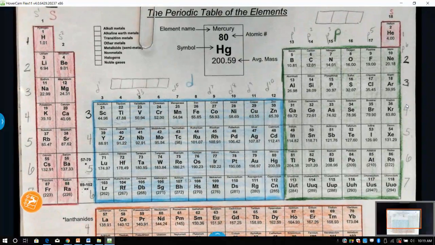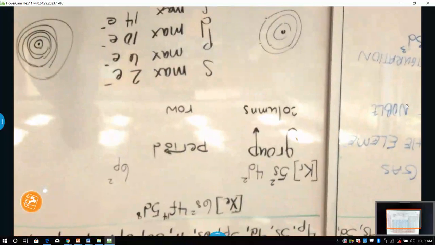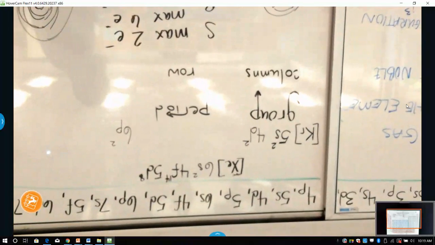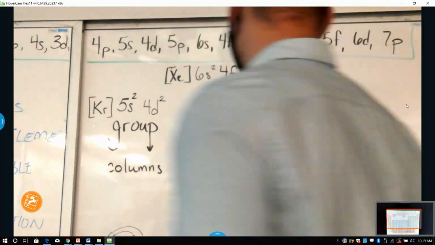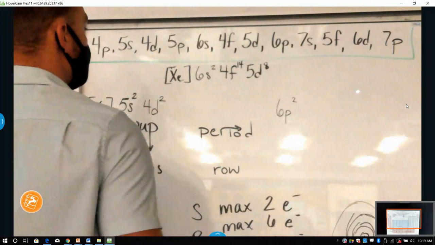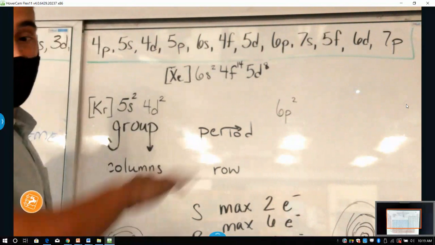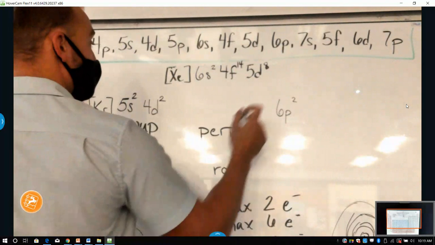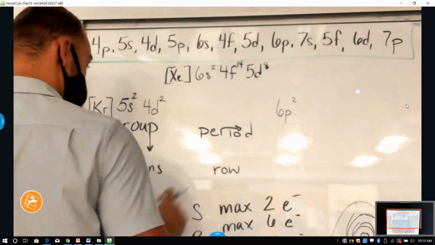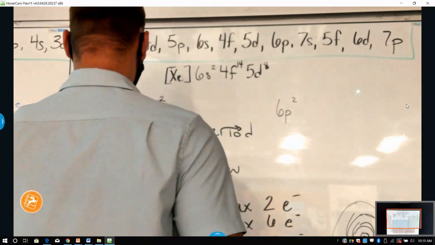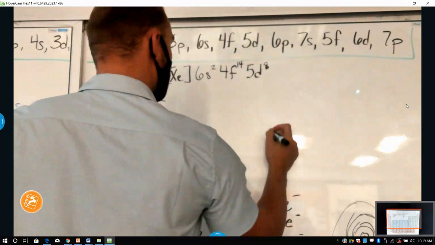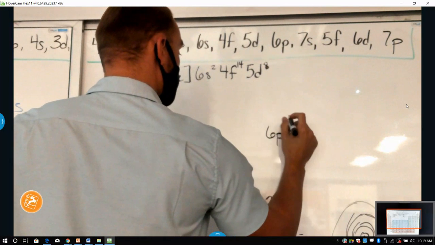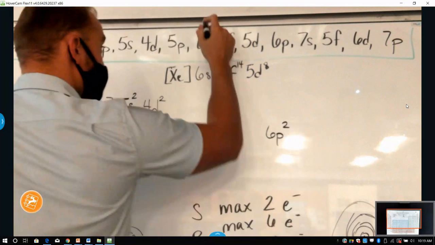Okay, so if we have our Aufbau principle laid out in the correct order that I've shown, we're finishing at 6p2. So xenon takes care of everything through 5p6. So we would be here. Let me erase this and make it underneath. So we said we were finishing at 6p2.